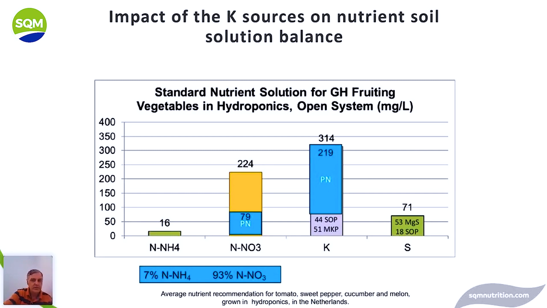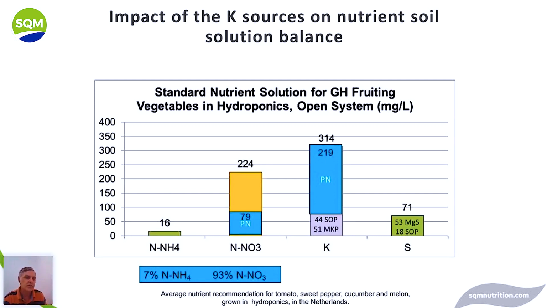When they use potassium nitrate as the source to supply the amount of potassium that they need, they apply nitrate nitrogen as well, 71 milligrams per liter, and the rest to reach 224 milligrams per liter comes from calcium nitrate. That is the calcium source of the nutrient solution, and calcium nitrate contains around 1% of ammoniacal nitrogen.